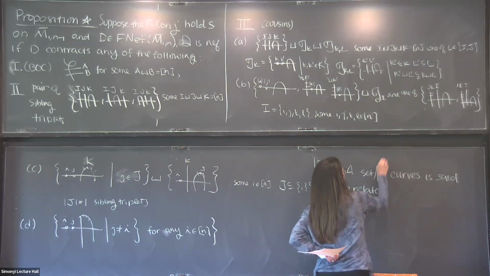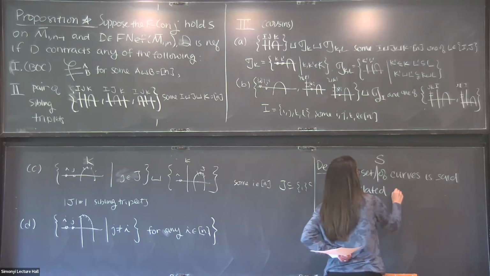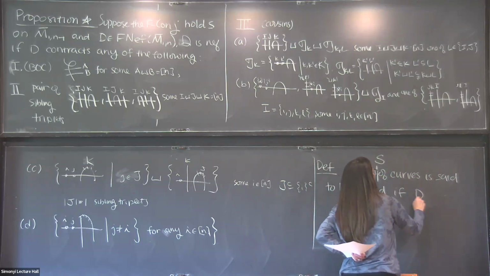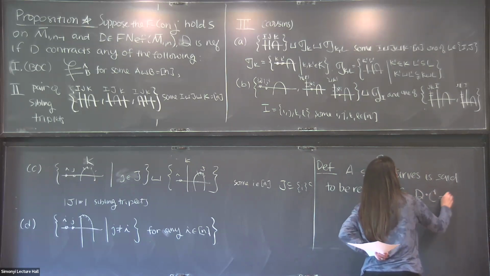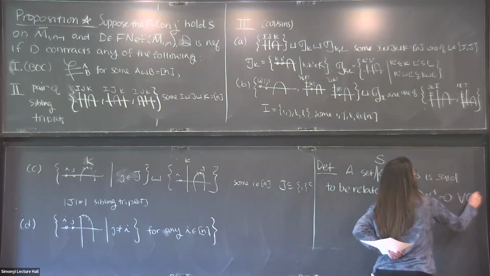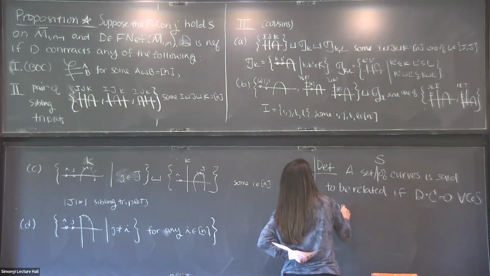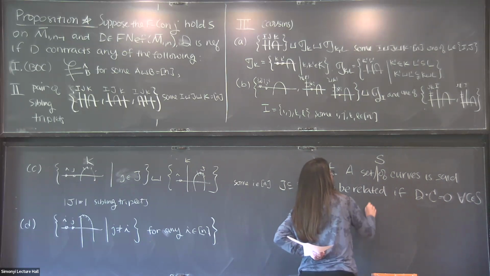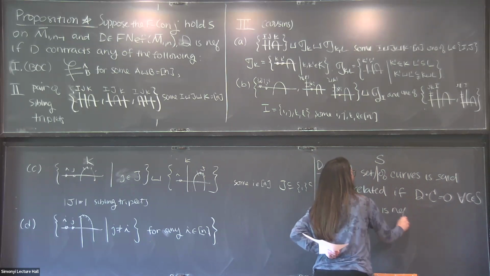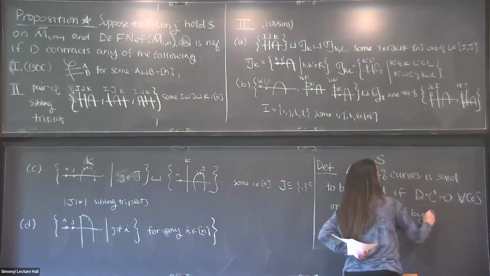We'll say a set S of curves is said to be related if D dot C equals 0 for all C in S implies that D is nef by proposition star.